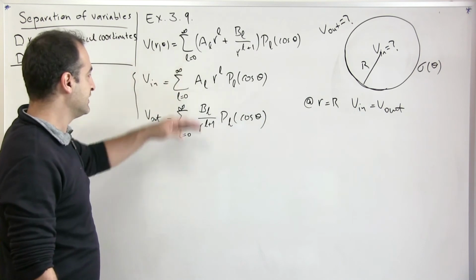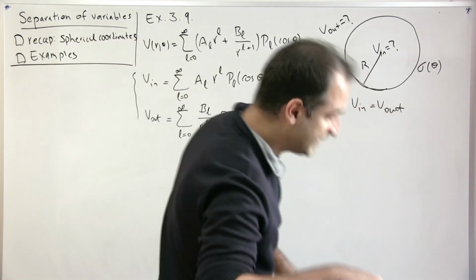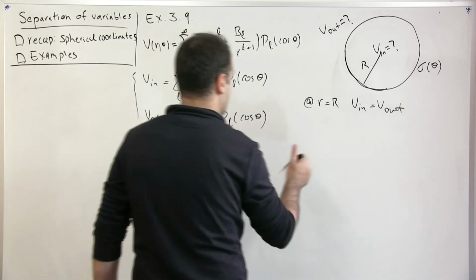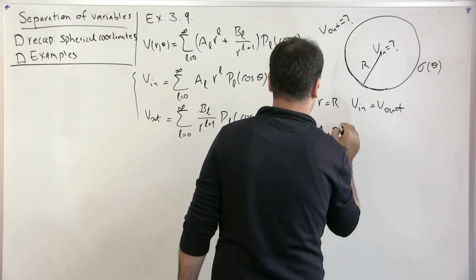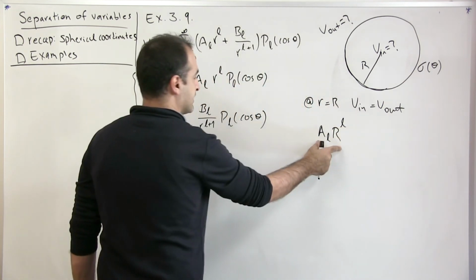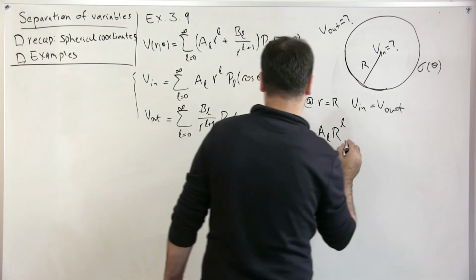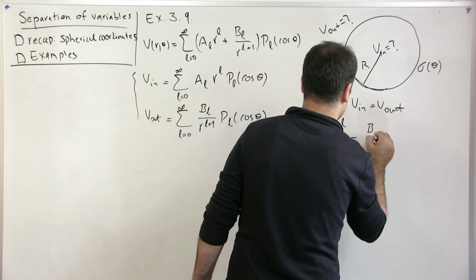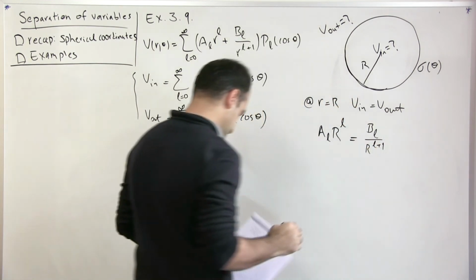That means we should match the A_L and B_L values such that A_L times R to the power of L, the term from the potential inside, is equal to B_L over R to the power of L plus 1.